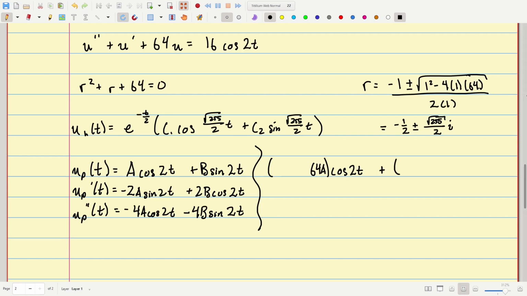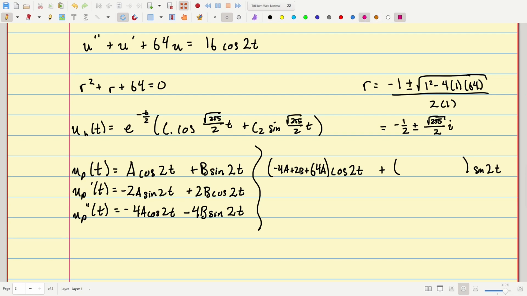We will also have 2B cosine 2t, plugging in to replace u prime. And then we will have negative 4A, right? This kind of shortcut is confusing. You can just plug it in and do the computations otherwise. I'm just trying to save us a little bit of time here.